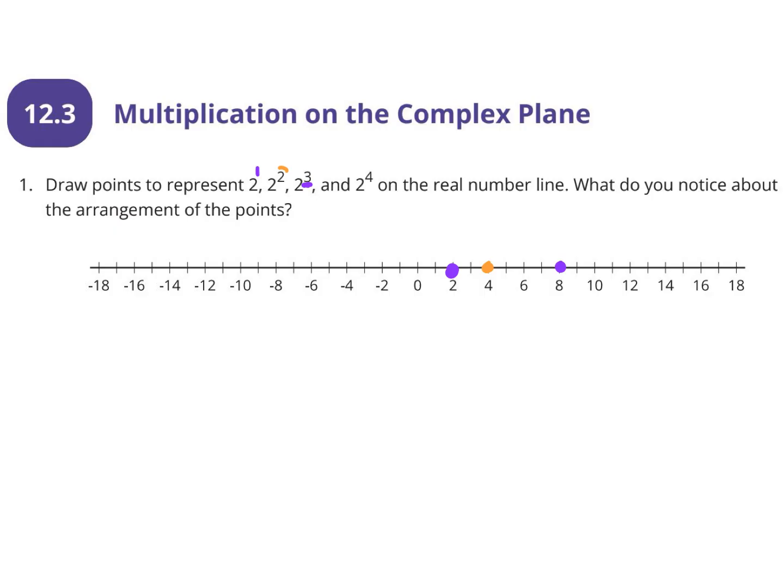And 2 to the fourth is 16. So this is 2 to the 1, 2 squared, 2 cubed, and 2 to the fourth. See how the gap is increasing between each number?